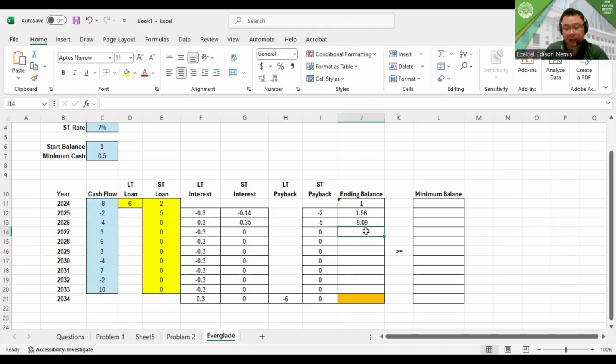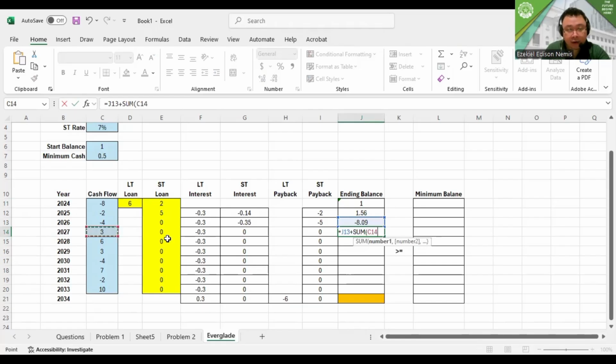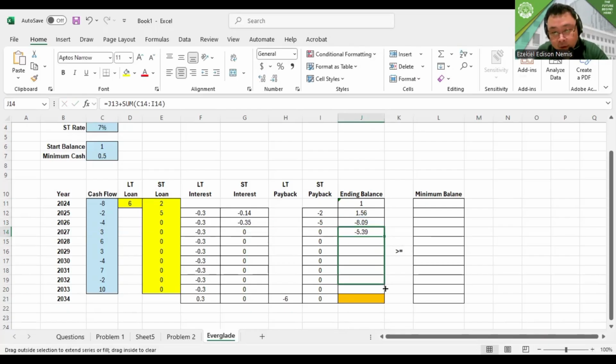Let me just repeat it again: equals, the starting data, put plus, sum, open parenthesis, highlight the raw data, and then close parenthesis, enter. Or you can simply drag it down, drag mo pababa. When you drag it down, it will also follow the data.